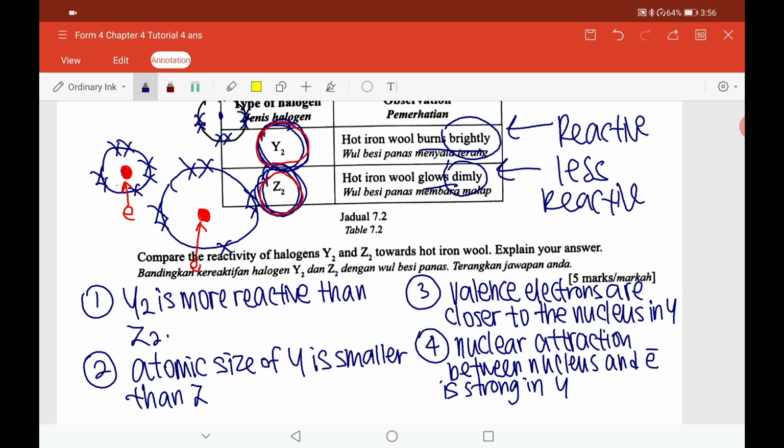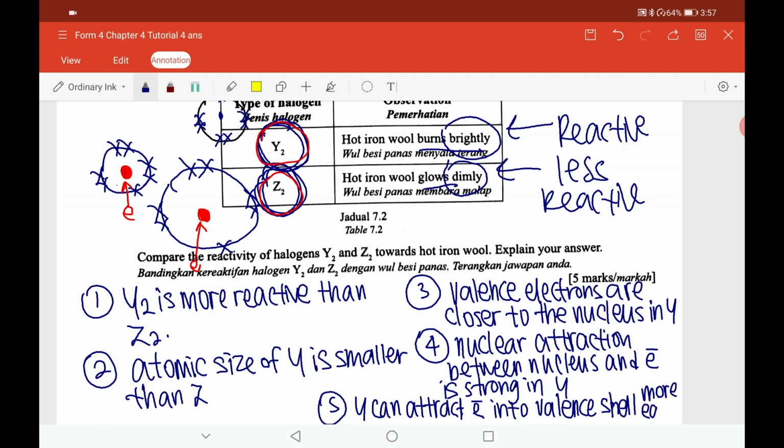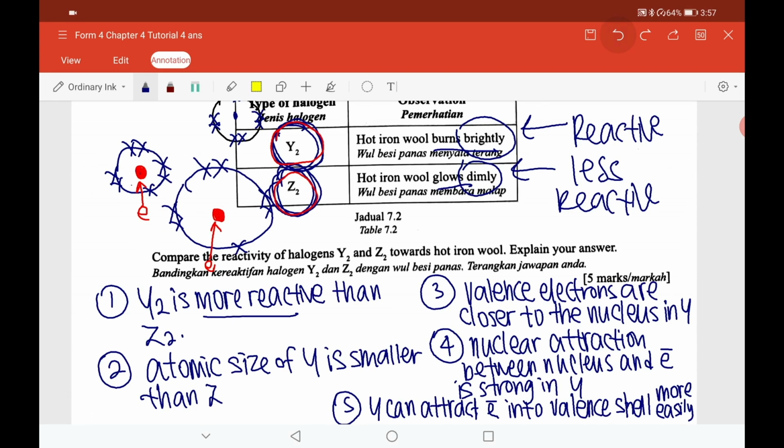Your element Y can attract, or you can write pull, electron into the valence shell more easily. That's it. When element Y can receive electron more easily, it is more reactive. So this is how it works.